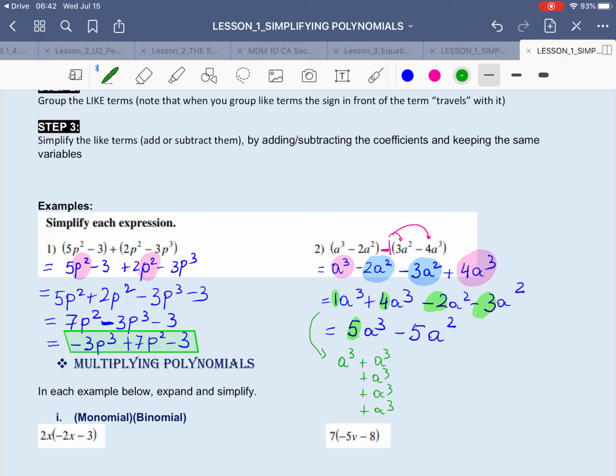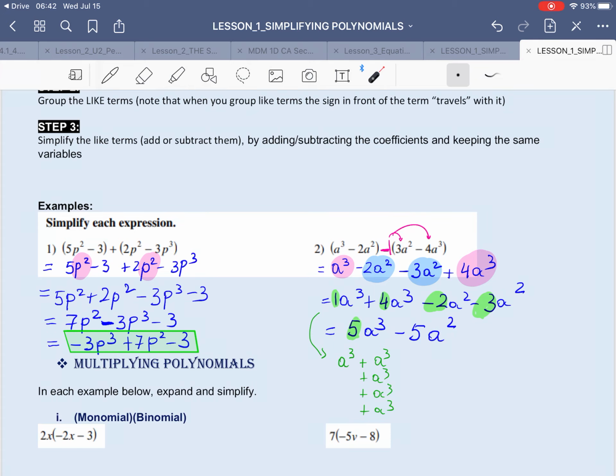So in total, we're going to say we have 1, 2, 3, 4, 5 a cubeds. And that's why the power of the term and the power of the variable will not change when we add. The same thing works with subtraction.